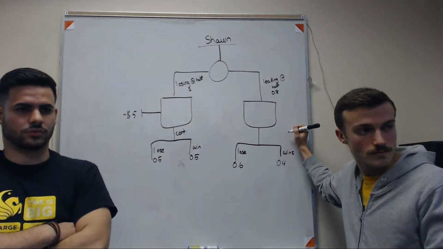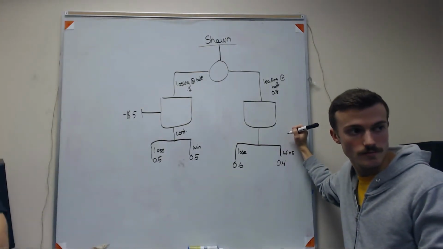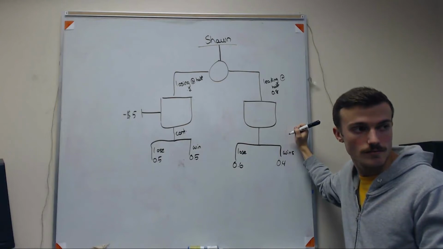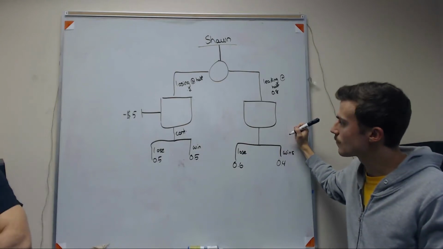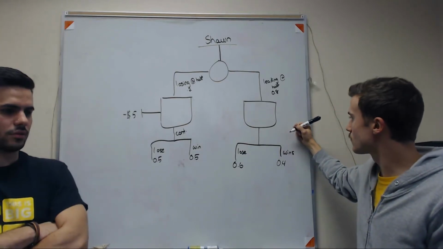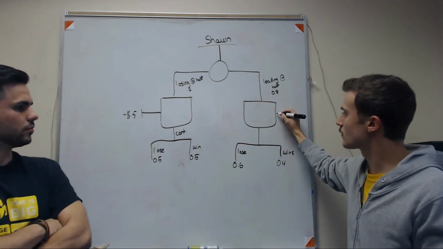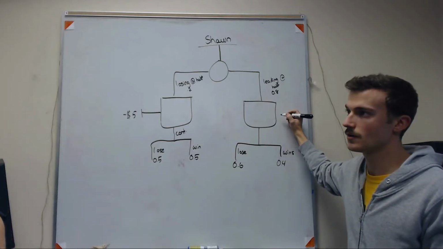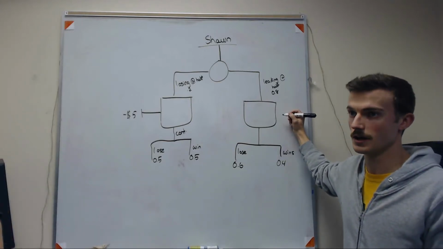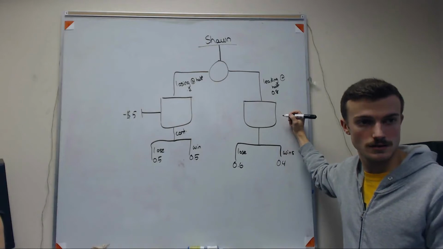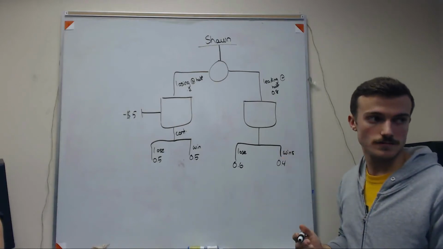Or you can view it relative to, like, 10 minus 5, or minus 10 plus 5. You put in $10, but he got $5 back, so his net gain is negative 5.